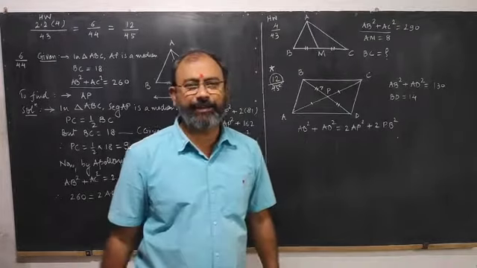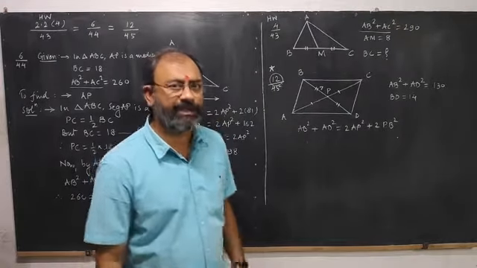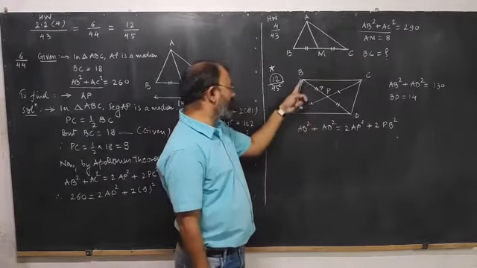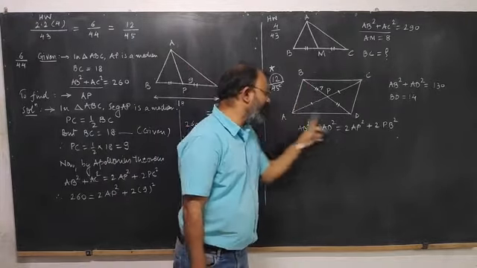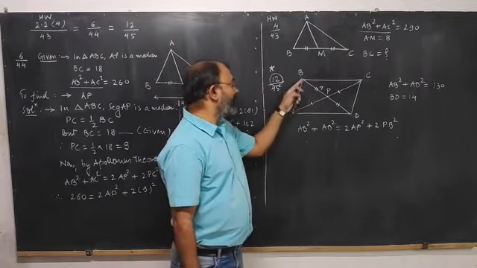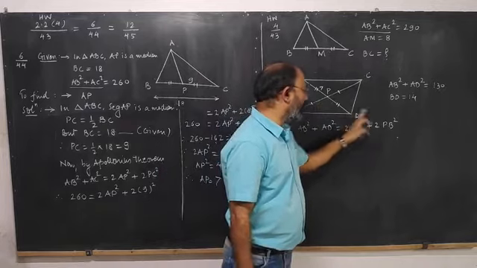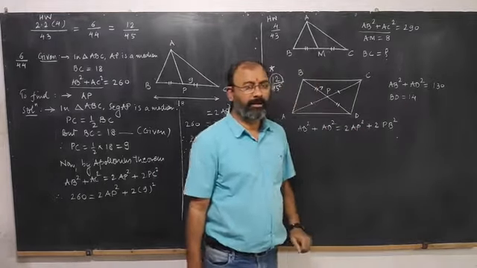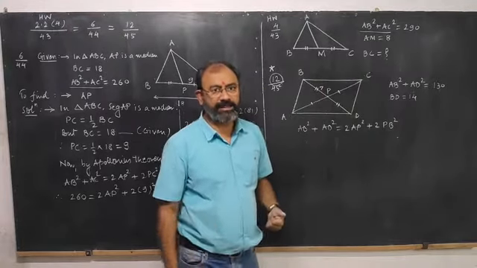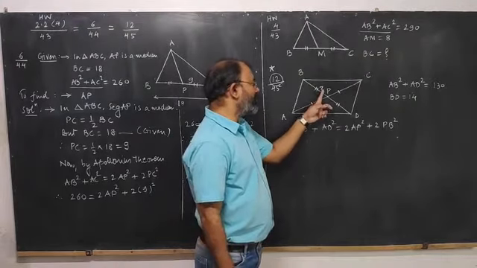As soon as I say median, I can apply Apollonius theorem. I am going to consider only triangle ABD. AP is the median. It is given that the full length of the diagonal is 14, so obviously PB will be 7 because diagonals bisect each other.